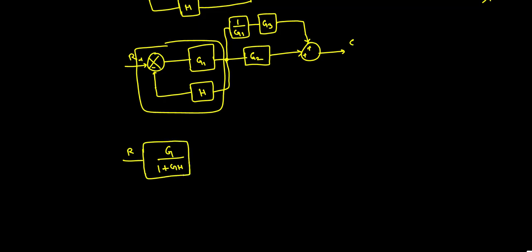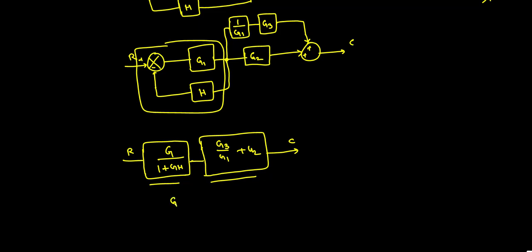Now another block is coming here, this and this are adding. I am just adding these two, G3 by G1 plus G2, these two are added together, and C is coming. Now all are multiplying with each other. That simple it is. When you are trying to build this thing, you have to make it very simple. So now this is one and this is in cascade form.